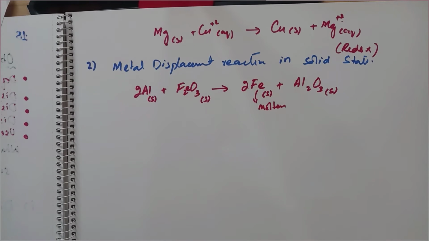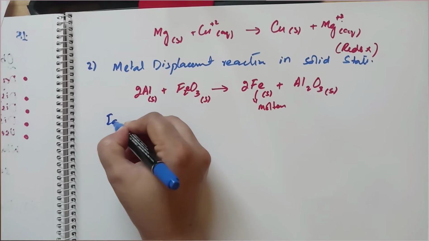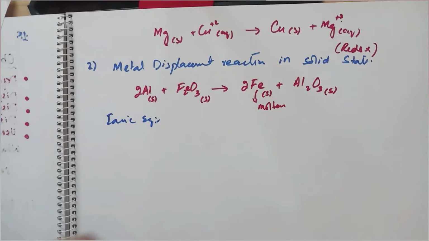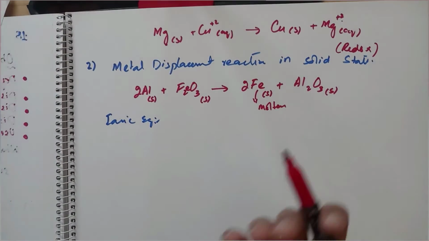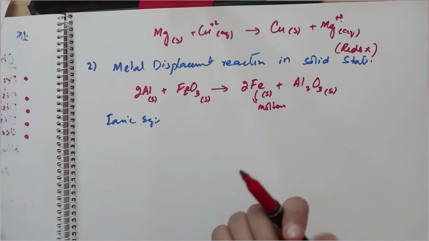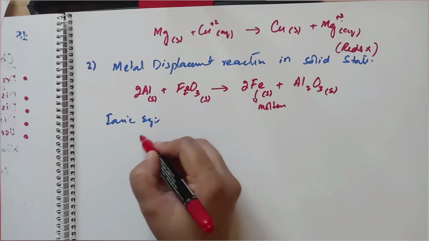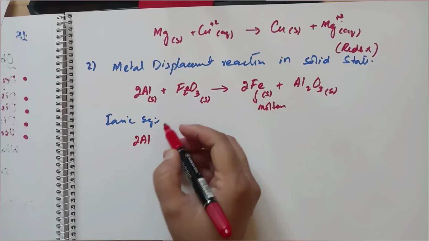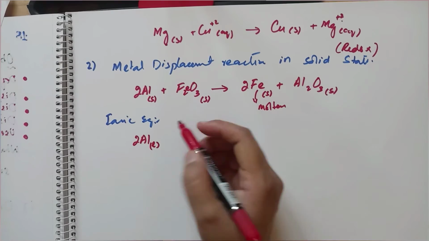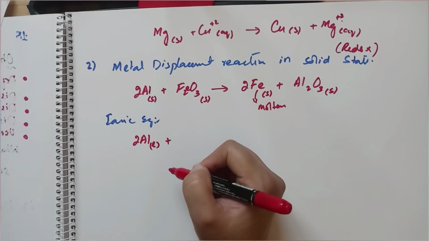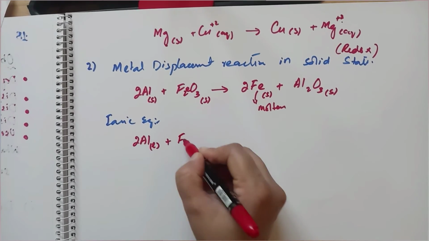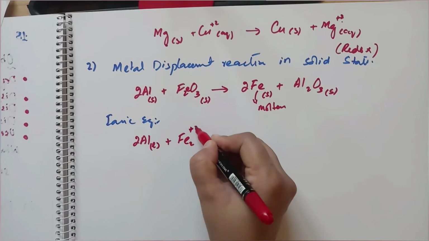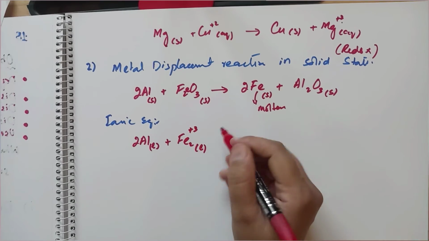And for the ionic equation, definitely after heating up the system, the solids will convert into their molten state. So aluminium, it is a metal, so it will melt as aluminium metal, and iron oxide in a liquid state.